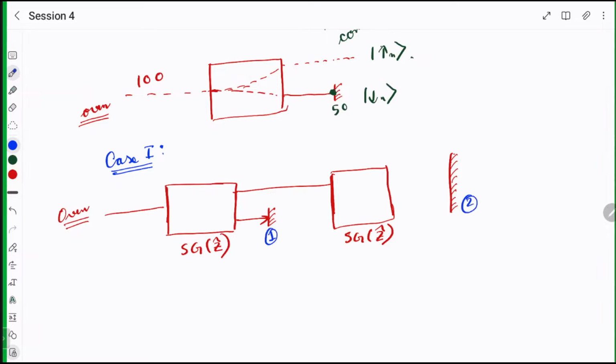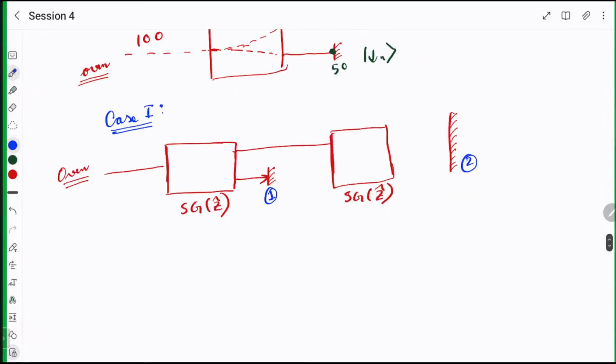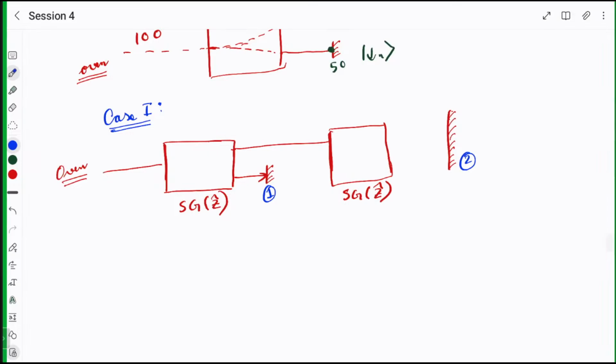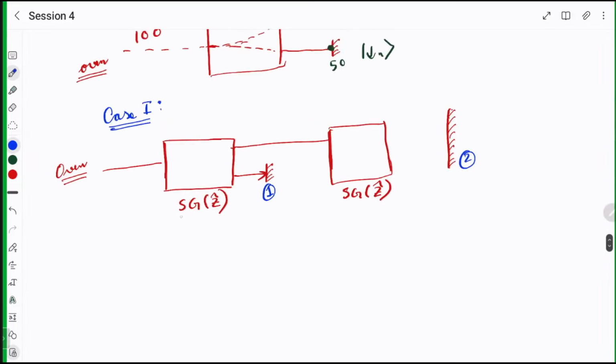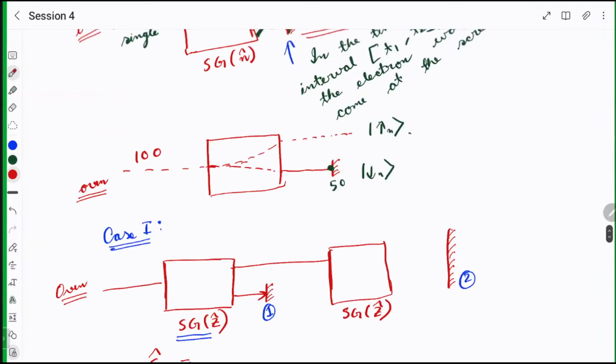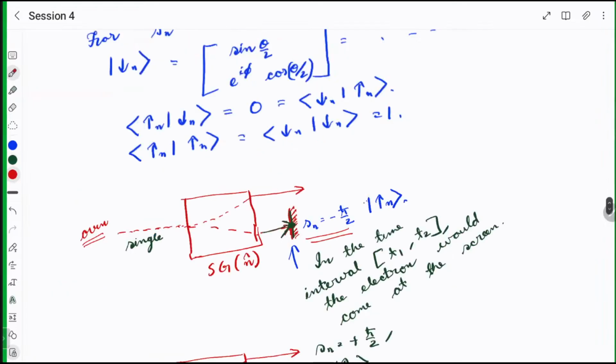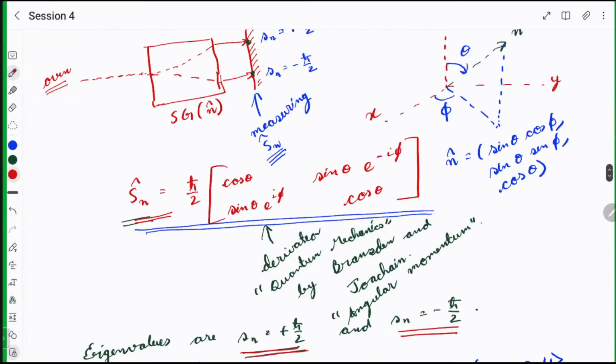So the question now is, what will we see on screen 2? Let us try to answer this question from our knowledge of quantum mechanics. Since this is SGZ, the measurement which we are doing here is actually a measurement of SZ hat. Now we know what SN hat looks like, right? So we had written it here, SN hat. If I want to find SZ hat, I'll just put the corresponding theta and phi.